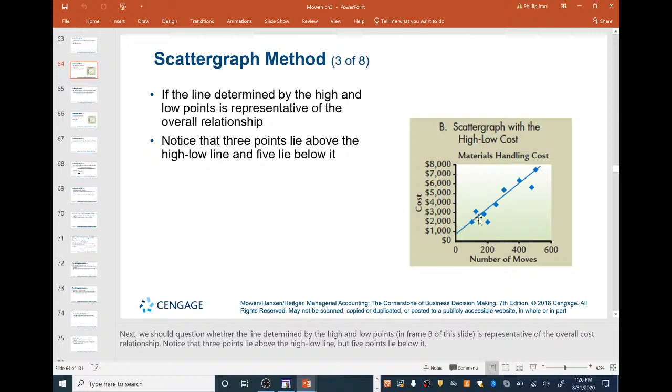You can see that it actually connects to a couple other, so 1, 2, 3 other plots in between the high end and the low end still connect, and then there's going to be a couple that are still kind of close and a couple that are a little far out there. So that's what they're saying here. It could be representative of the overall relationship. So these two plots here on a straight line right here are going to be representative of the overall relationship on this point right here.